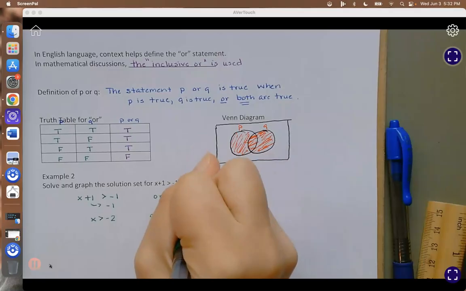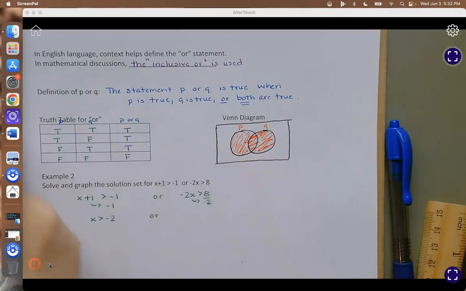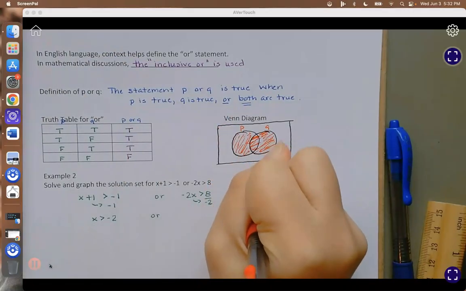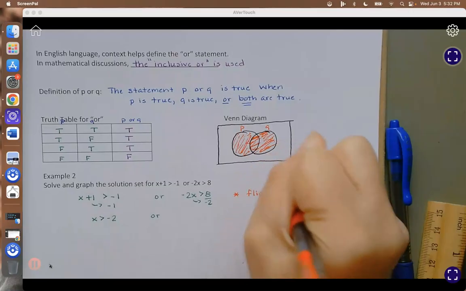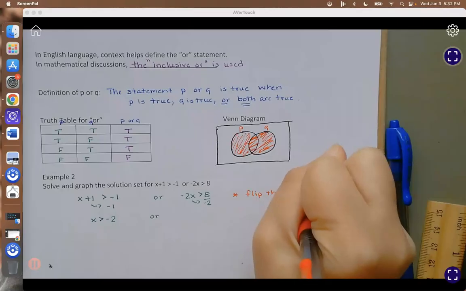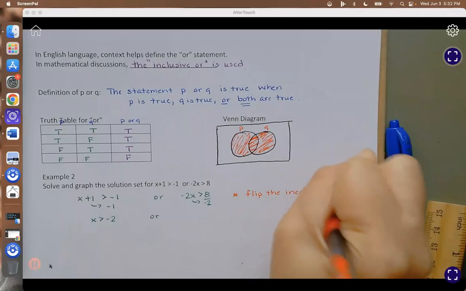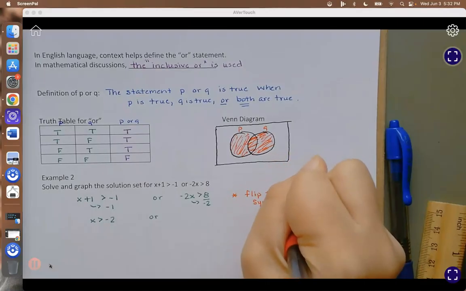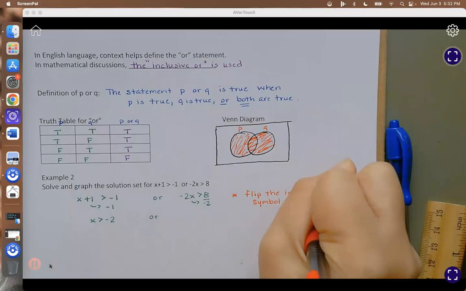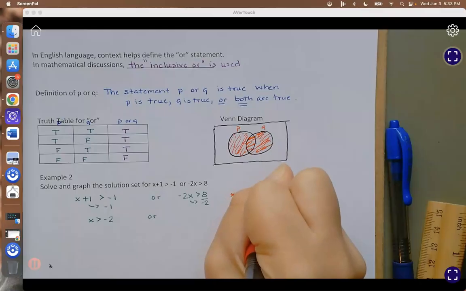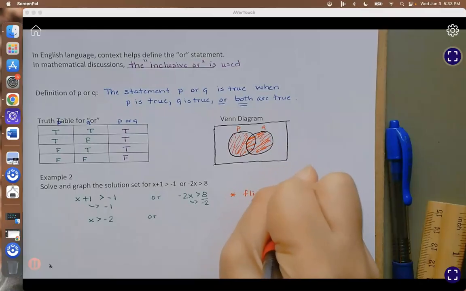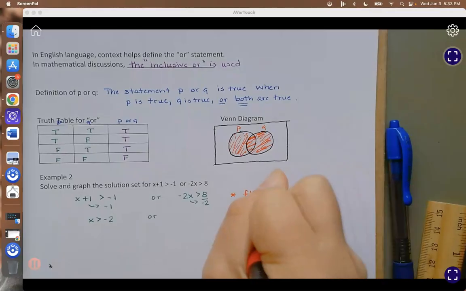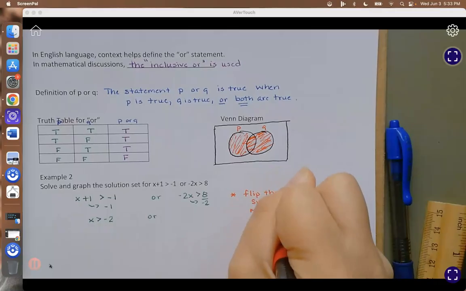Or, remember when you divide by a negative, let's put a little note here. Flip the inequality symbol when you multiply or divide by a negative.